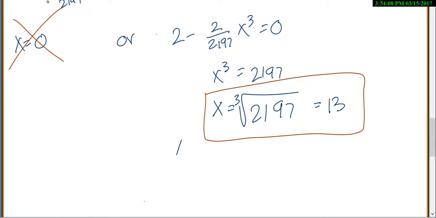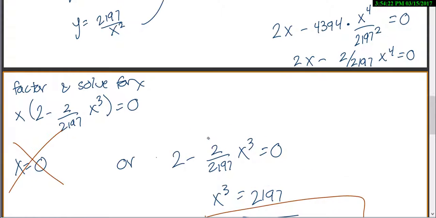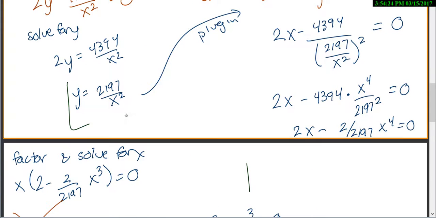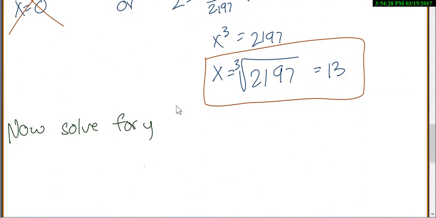Now that we know one dimension, which this problem is taking a lot longer than you might think when you first look at it, now solve for y by plugging this in somewhere. Let's go back up to our last equation that had a y right here. That one looks good. y equals 2197 over x squared.